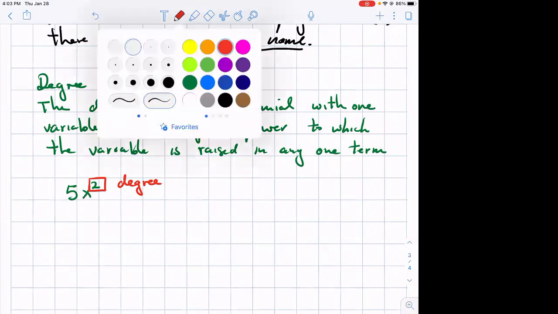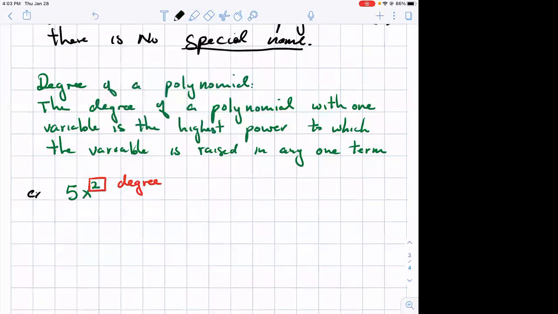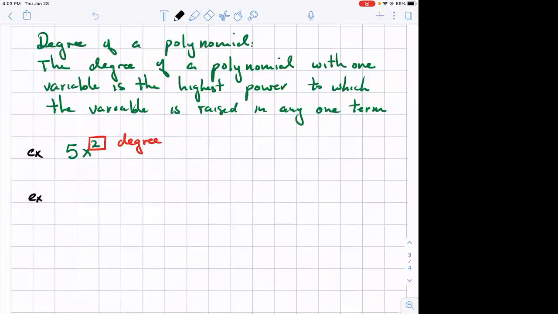That means if we have this example here, 2x squared plus 7x minus 12x cubed, then the degree would be 3 because it's the highest power. The degree is the highest power in the polynomial.